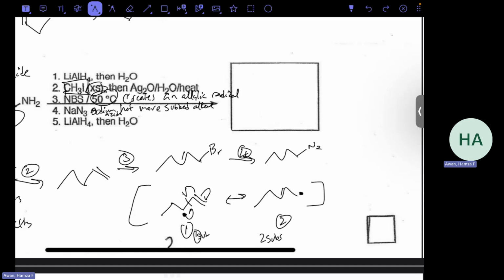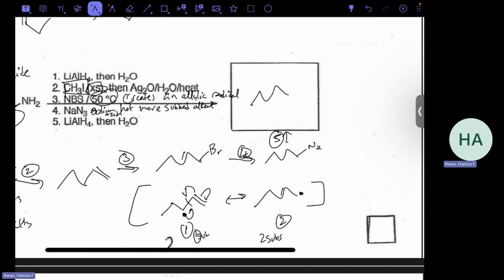And then finally, we have our LiAlH4, H2O. What that's going to do is not protonate, but reduce. This is step 5. It's going to reduce this N2 all the way down to an amine.